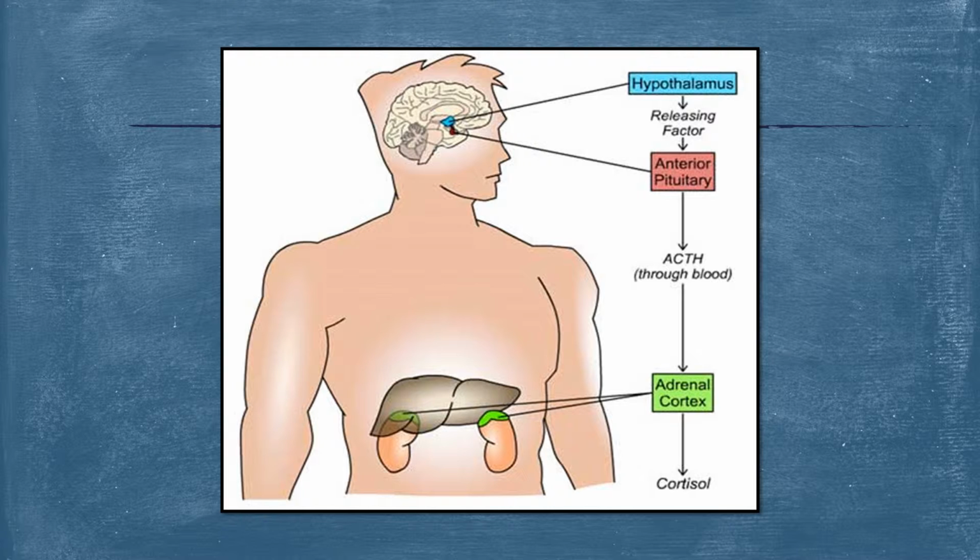That in turn stimulates the adrenal gland to produce cortisol. So after this process, after it goes through the blood, cortisol is made. Essentially it's a chain system, and a message is sent from the hypothalamus all the way to cortisol.